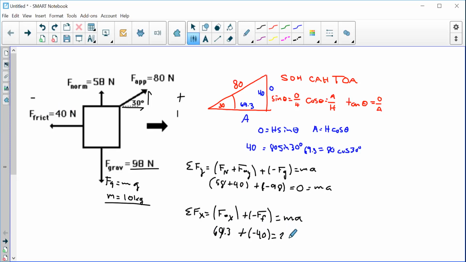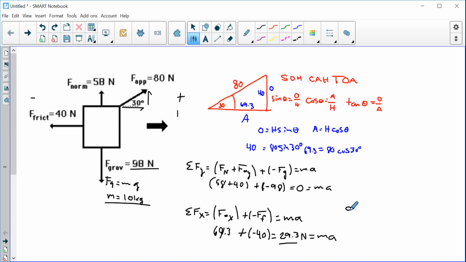That's going to leave you with 29.3 newtons, and this is equal to ma. So this is a scenario where we actually have more force in one direction than the other. This gives us a net force in that direction of 29.3 newtons, and that's going to be equal to the mass times acceleration.